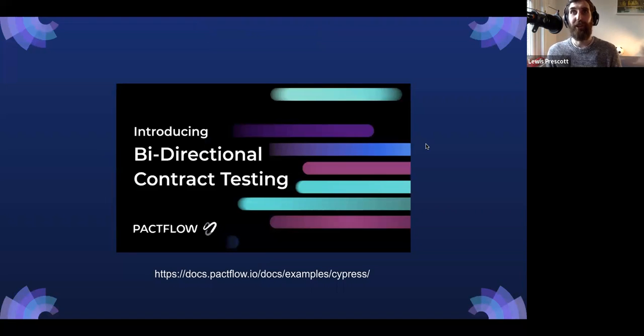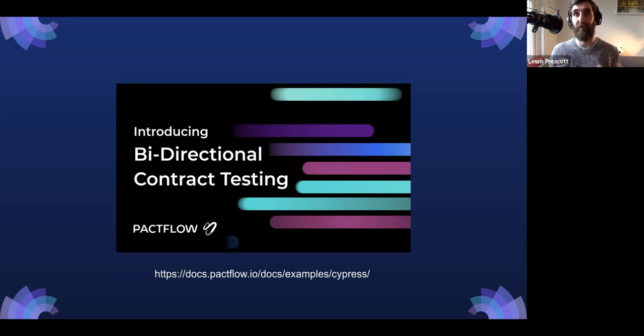So there's another option to using Cypress and Pactflow. I talked earlier about the traditional method of using consumer-driven contracts. Bidirectional offers you the ability to generate your contracts after everything's been developed.